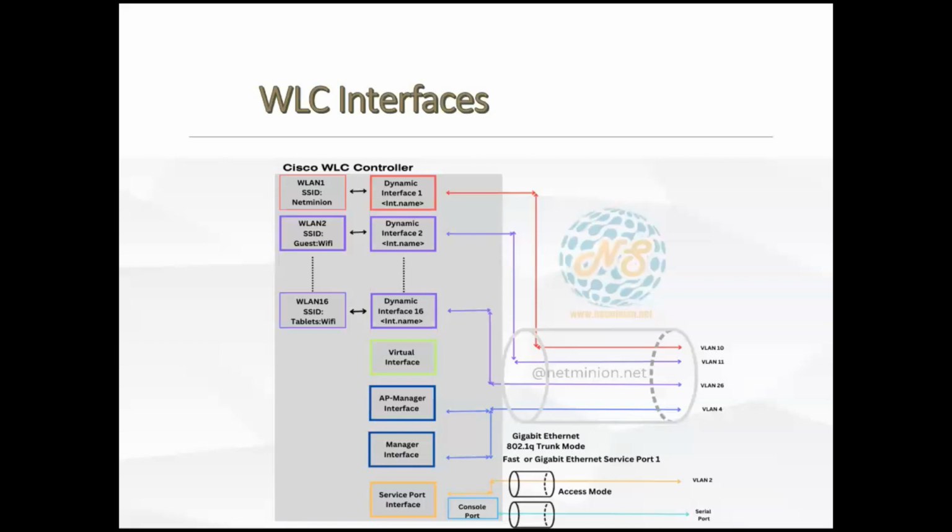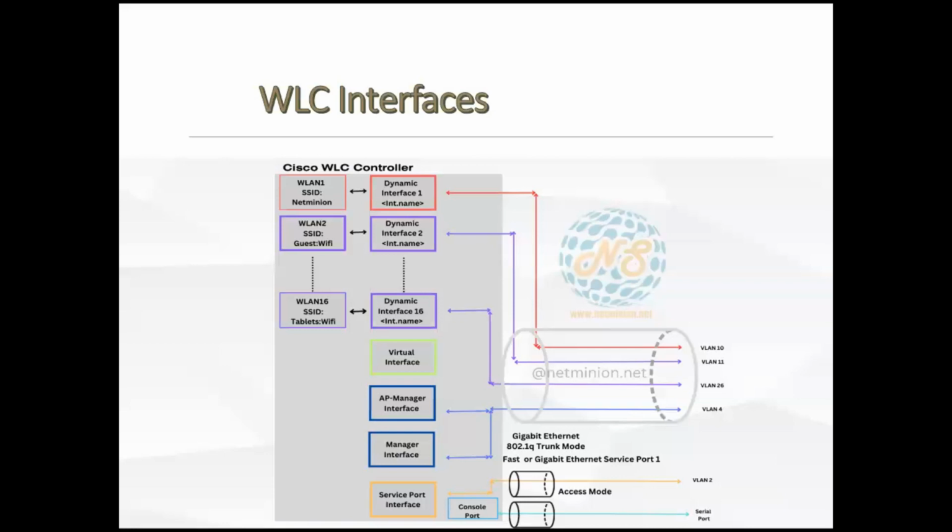It acts as, maybe you can say, a DHCP server. Your virtual interface IP address is only used for communication between the controller and the wireless client when it needs to appear for your DHCP stuff.